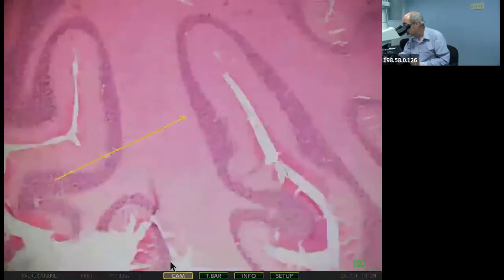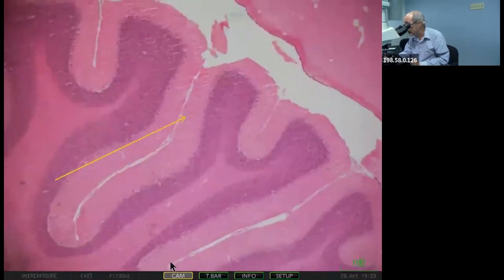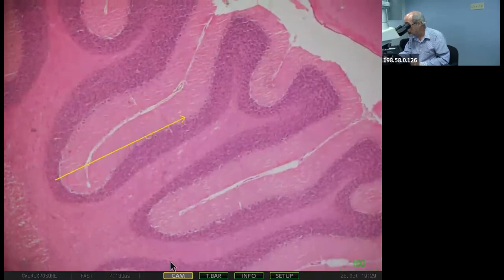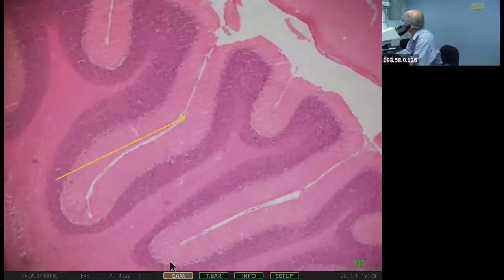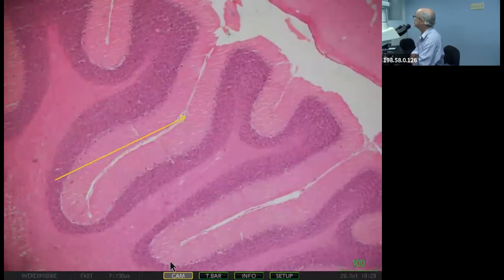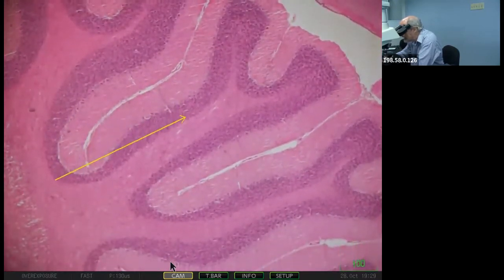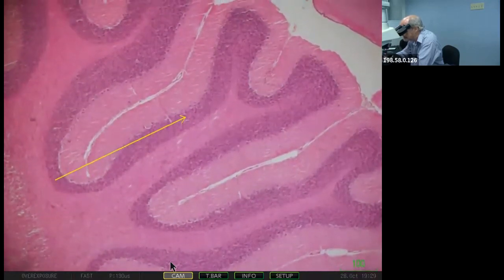So you have the molecular layer, and more densely packed, here you have your granular cell layer.